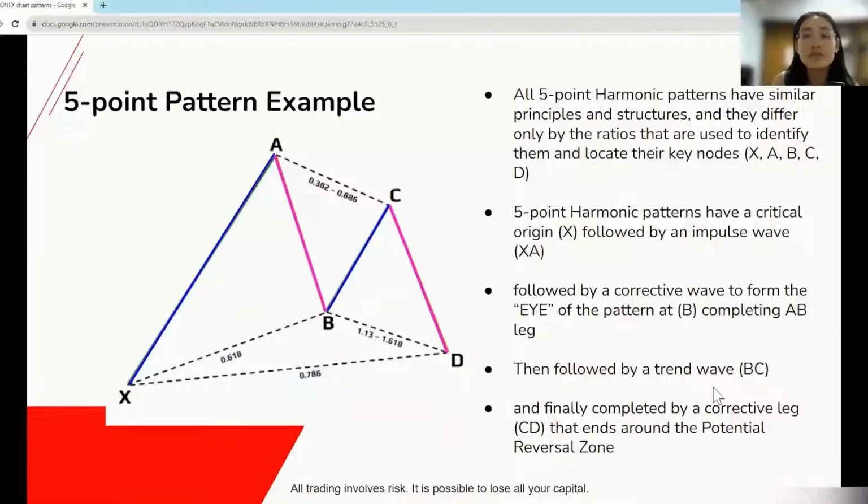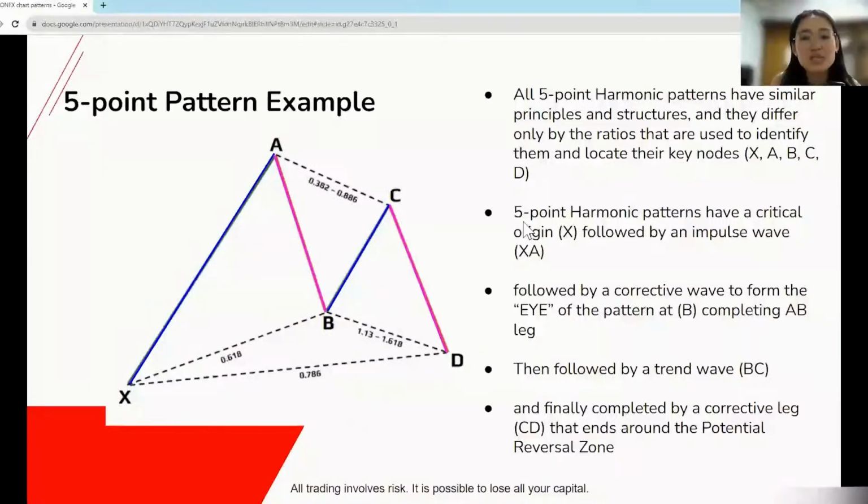5-point harmonic patterns have a critical origin at X, followed by an impulse wave, which is XA, just the blue line here. This is followed by a corrective wave to form the eye of the pattern at B, completing the AB leg. Then it's followed by a trend wave at BC, which is another blue line here. Ignore this line.